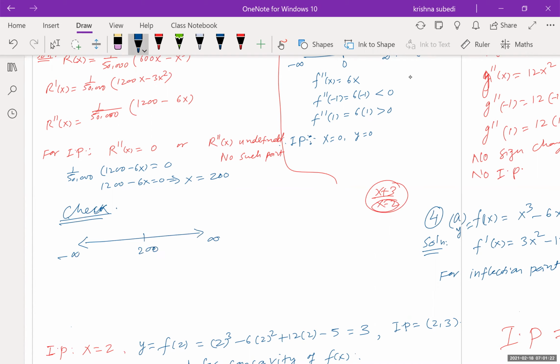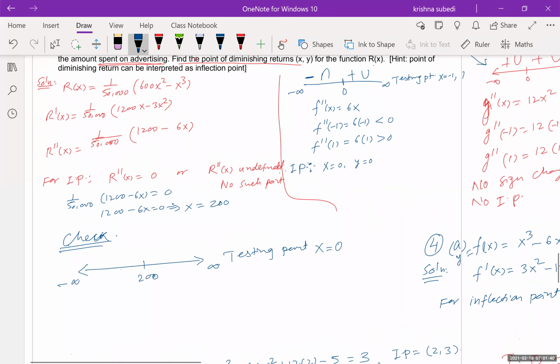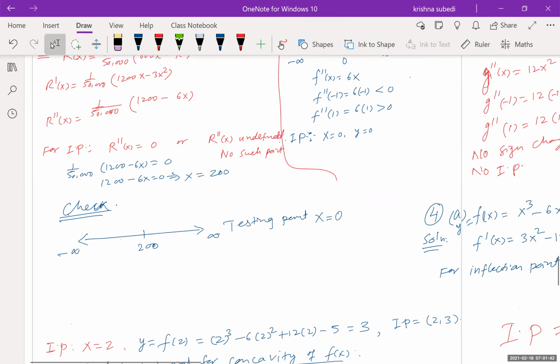This is your 200. Now for testing points, on this side maybe your testing point would be the easy number to deal with, which is 0. And is 0 in the domain? I think the domain is 0, including 0, to 500. Okay, x equal to 0. And then another point on this side, you may choose 300 maybe.